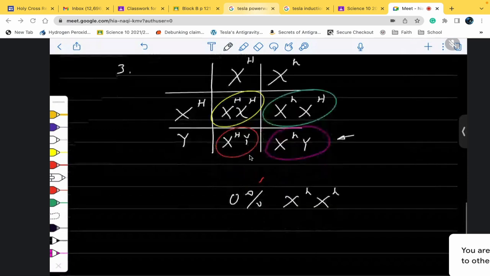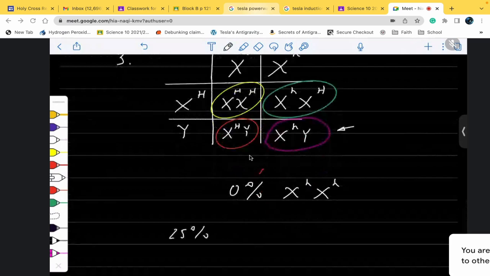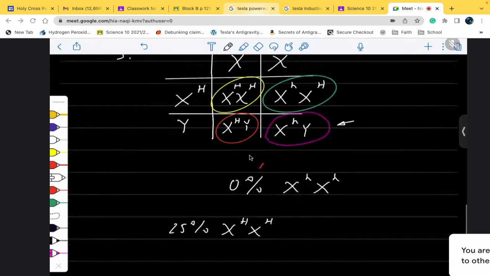So let's write this down for clarity's sake. 25% X, big H, X, big H, both of them big H's. 25% X, big H, Y. 25%, 1 out of 4. You can use percentage or fraction.